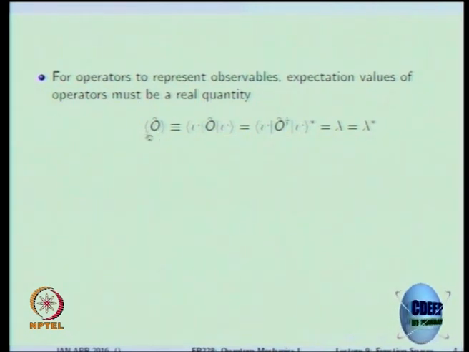Let that operator correspond to observables. You can take this to be a position operator or momentum operator. That expectation value, if it is prepared in the state psi, will be formally written as the inner product or the matrix element of the operator in the state psi.